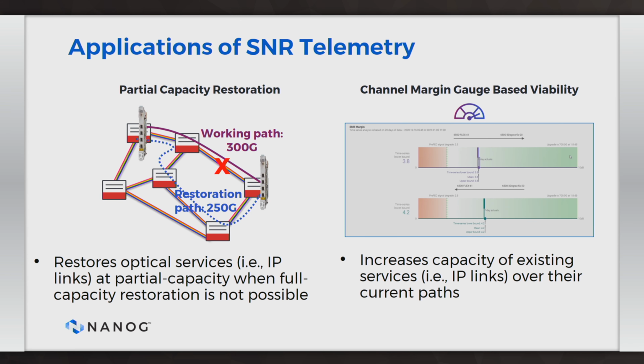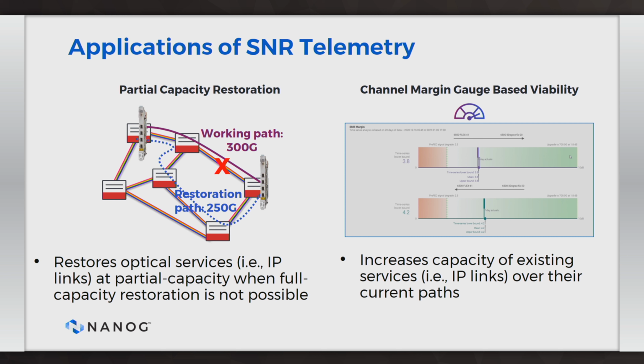So two applications of this, which are quite easy to understand even for IP people like me. One is partial capacity restoration. In the optical network, when a path is broken, we would like to restore it. It obviously depends on the service provider policies, but traditionally we supported full capacity.